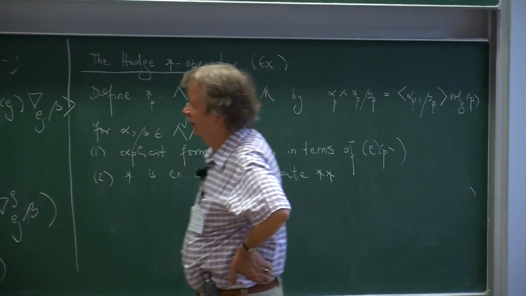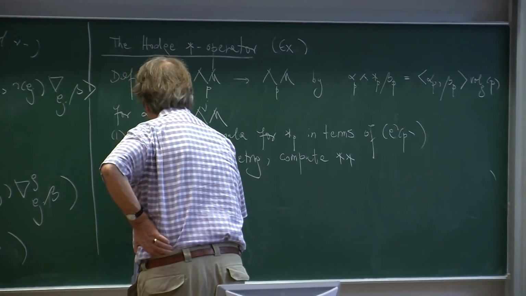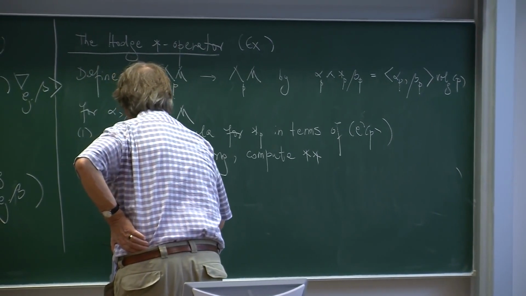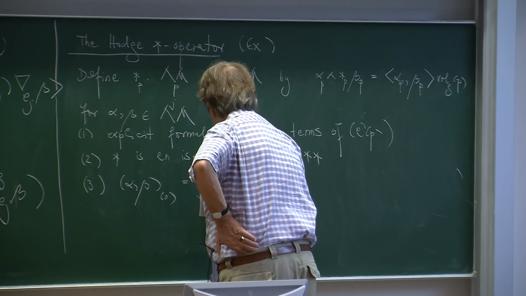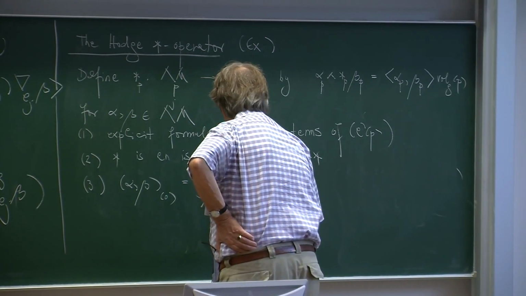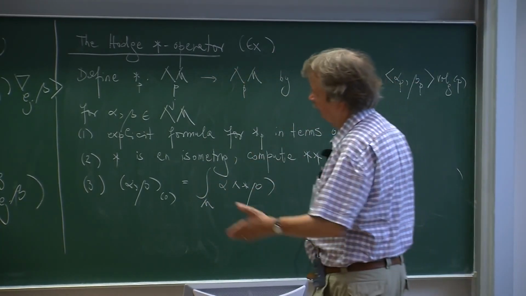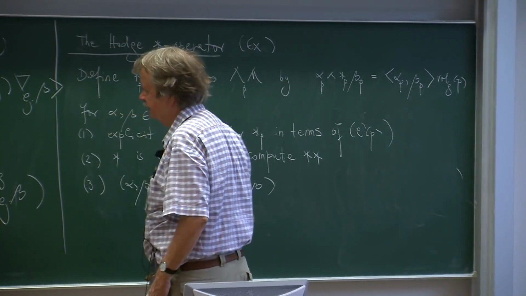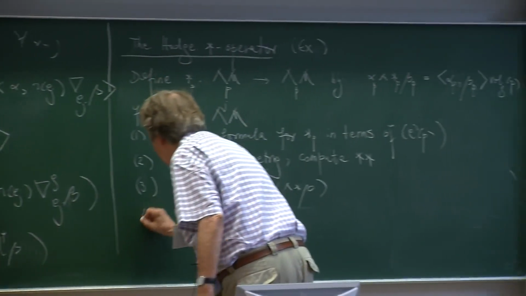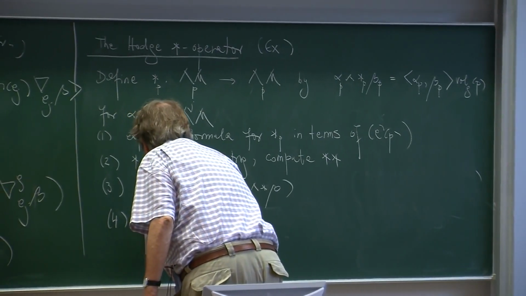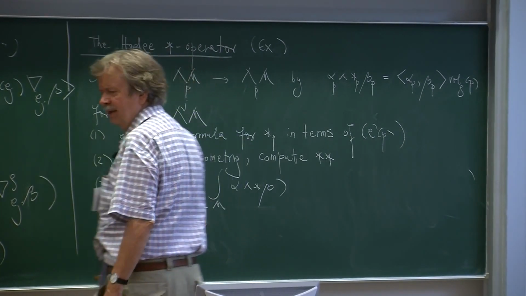And then, of course, you can do this computation by knowing that the scalar product of alpha, beta then becomes the integral of alpha wedge star beta. And then you can do a similar calculation in terms of d, which expresses the operator d transpose, but as you will see, in a nasty form.